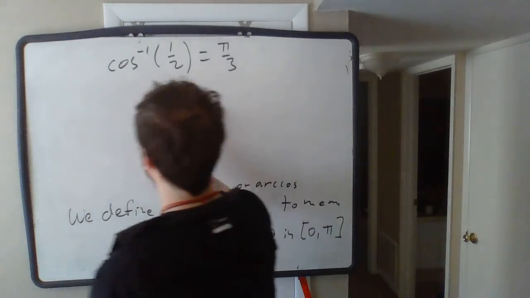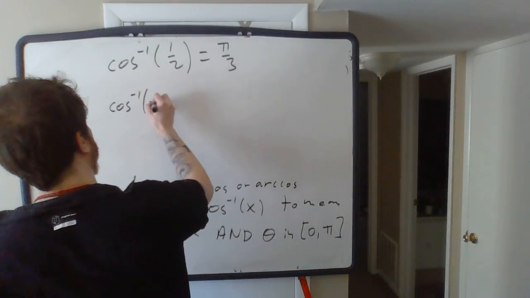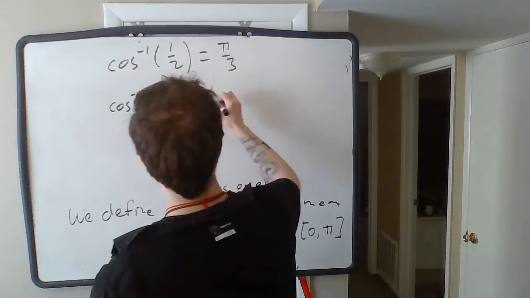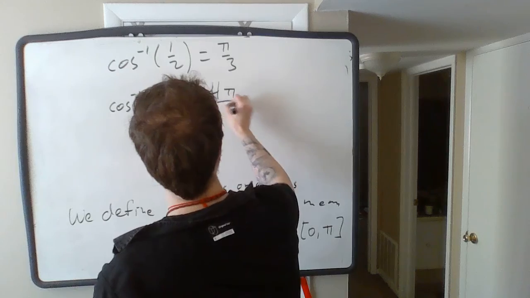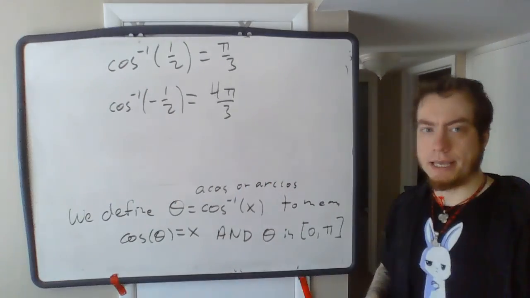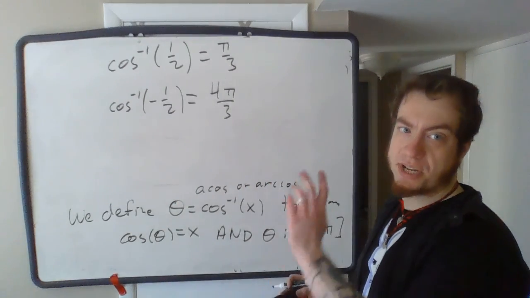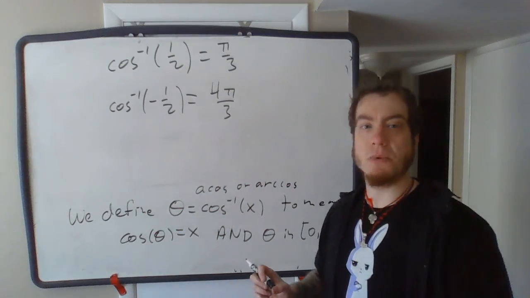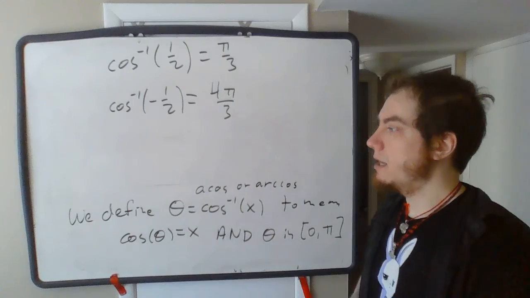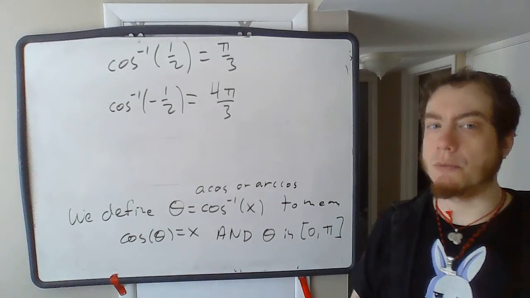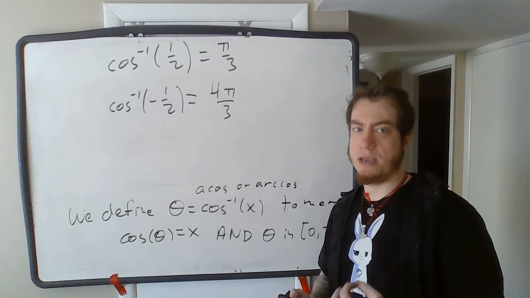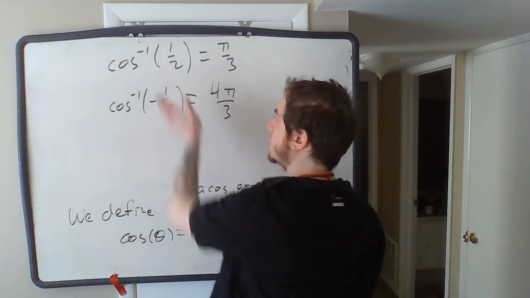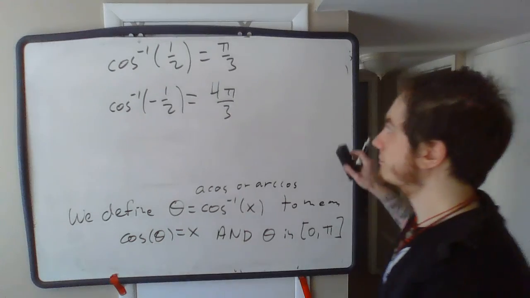You could ask yourself, what is cosine inverse of negative 1/2? Well, this is going to come out to be 4 pi over 3. Again, you can find this just by looking at your table of values on the unit circle. And we can do the kinds of computations that we did before involving the sine function. So I will leave it to you guys to practice that sort of thing on your homework problems, and it goes very similarly to what we did with inverse sine.